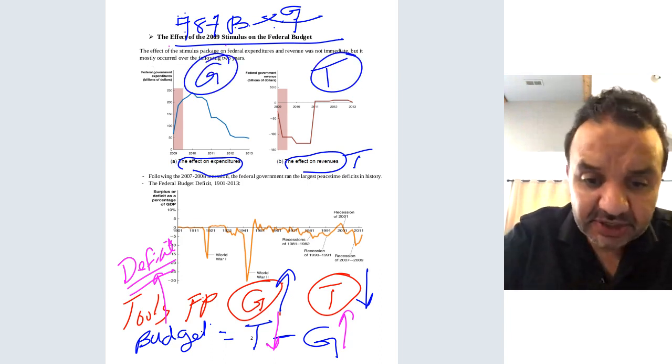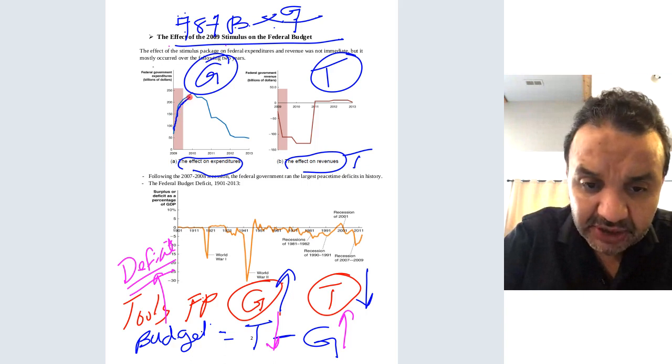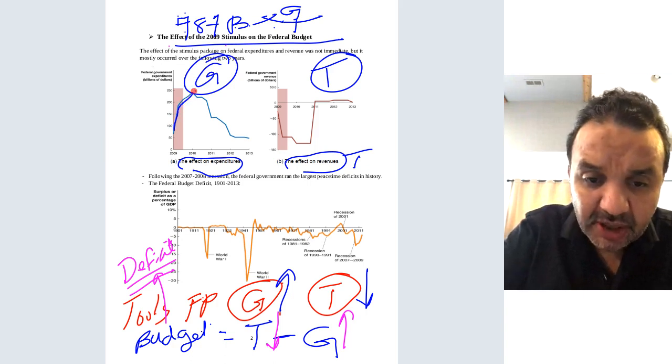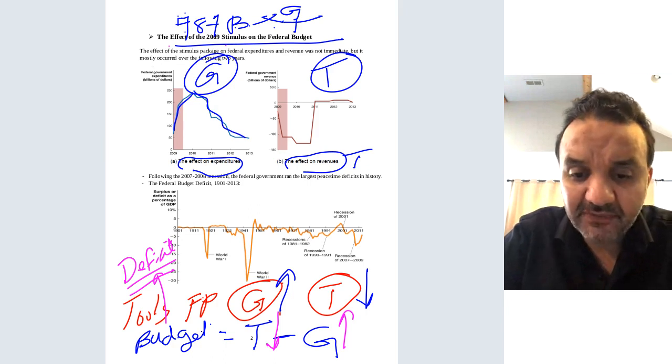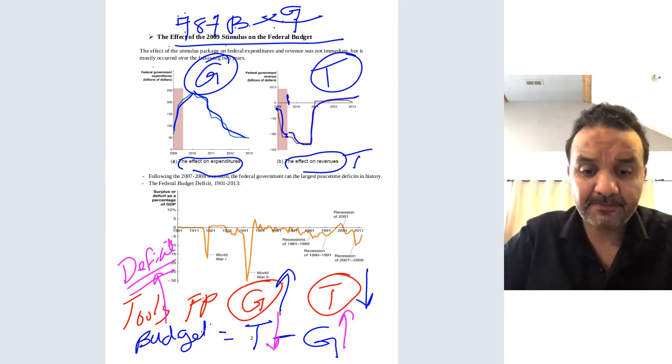As you can see in 2009, government spending jumped and then starts to decline after the financial crisis. And the same for the tax revenue because of the stimulus package. The amount of tax collected declined in 2009, up to 2011, before it starts to peak again.